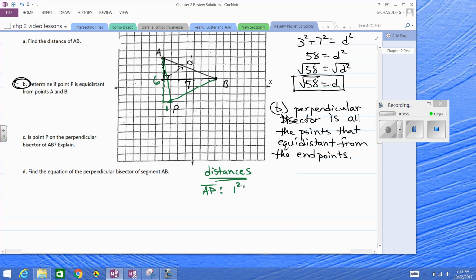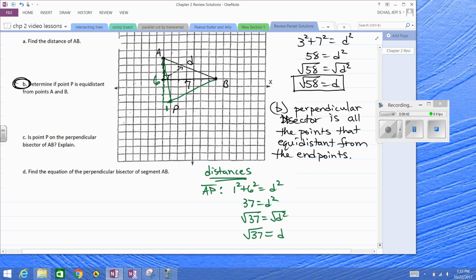So we get 1 squared plus 6 squared equals D squared. Again, I use D for distance, but it doesn't matter what you use. So that's going to be 37. And when you take the square root of both sides, it doesn't work out. It's like 6 point something, really close to 6.